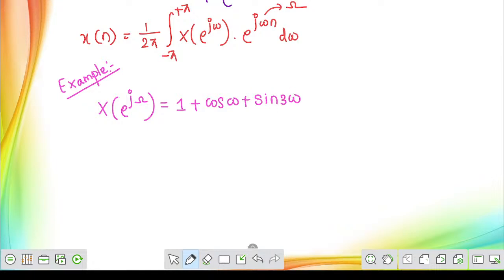You just randomly take some value, don't think too much. Or I will take some larger value, let me take 6 omega.